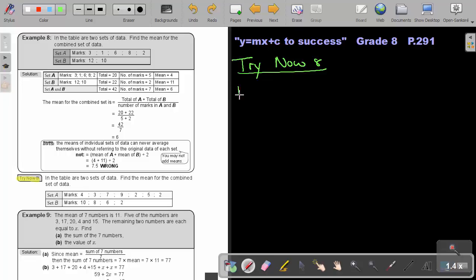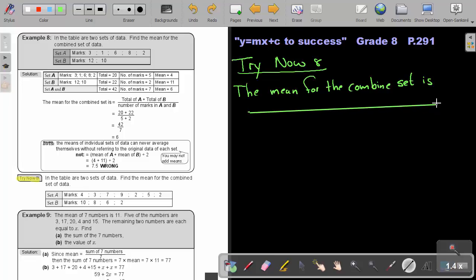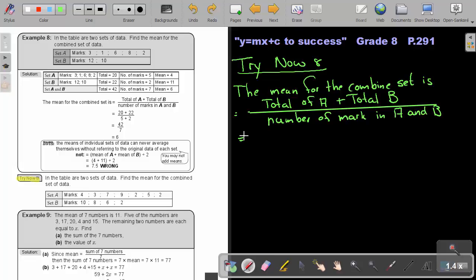So remember, to find the mean for the combined set, let's just write it down, my sum is going to be equal to the total of set A plus the total of set B, and then the number of marks in A and B.